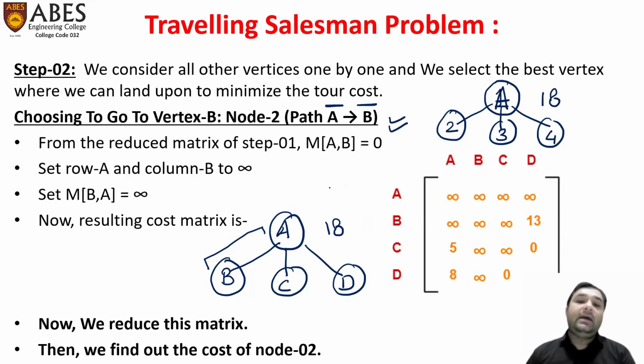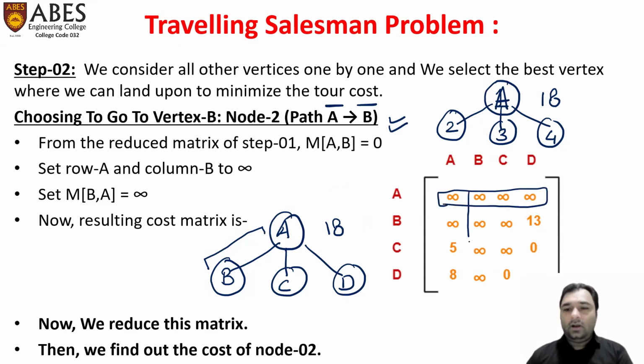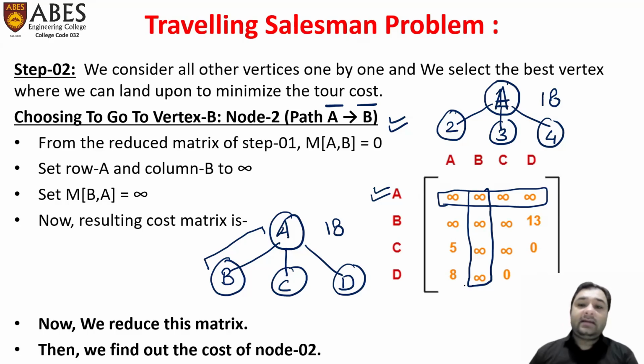What is the reason behind this? Because in row A, A is behaving as a source, and in column B, B is behaving as a destination. So this row and this column are made infinity.